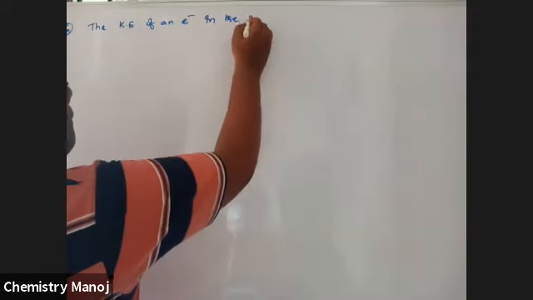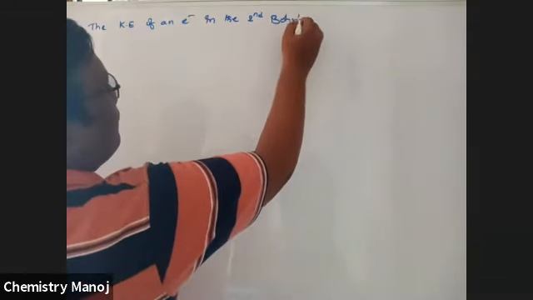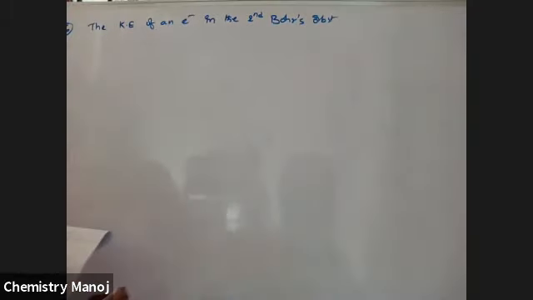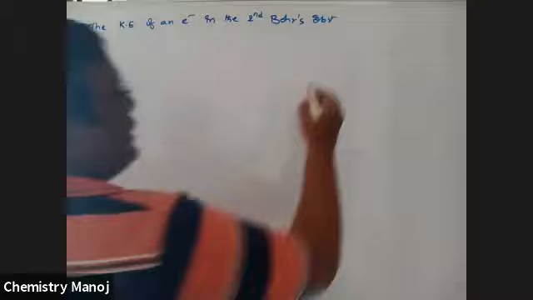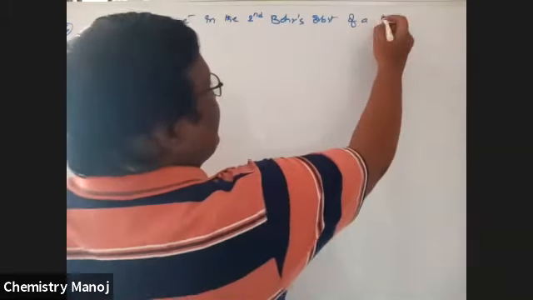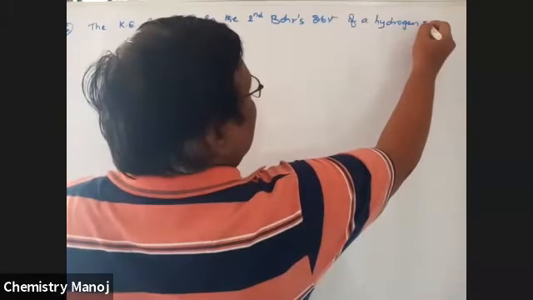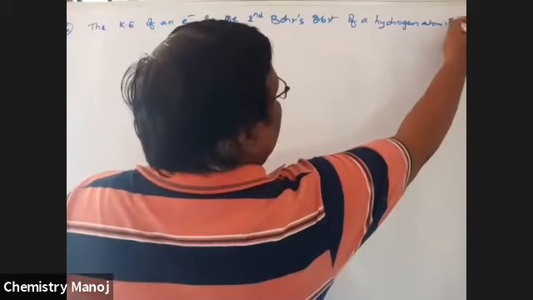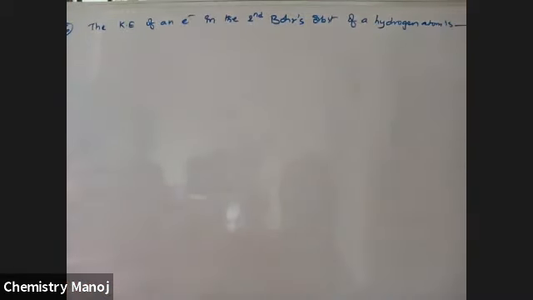Next one. Sixth one. The kinetic energy of an electron in the second Bohr orbit of a hydrogen atom is dash.